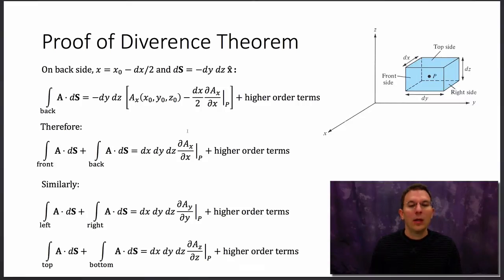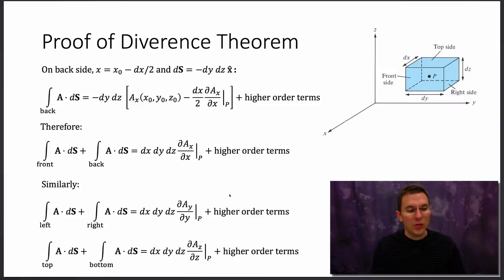The exact same development for the left and the right side, and the top and the bottom, gives you these expressions. You add them from the left and the right, and you get this piece. It's identical to this, except now you have a derivative of the y component with respect to y. And ditto from the top and the bottom pieces, you have this dV times the partial of the z component with respect to z.